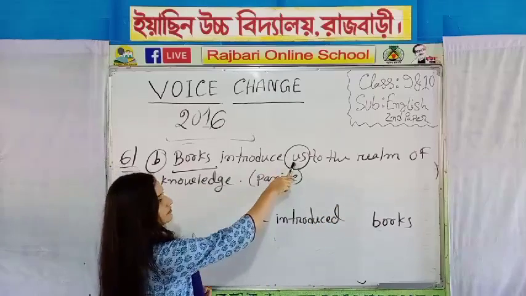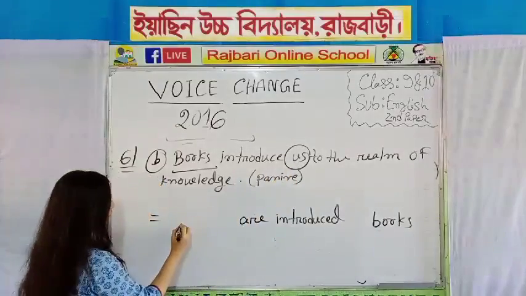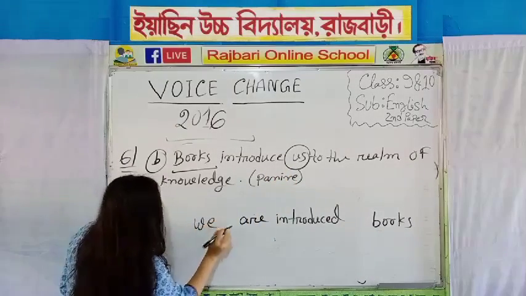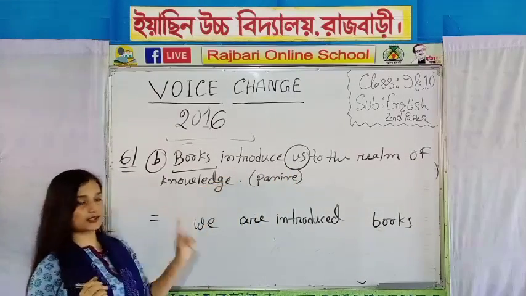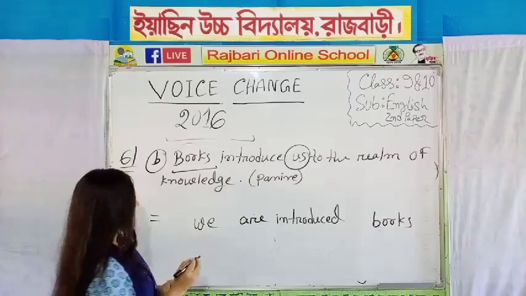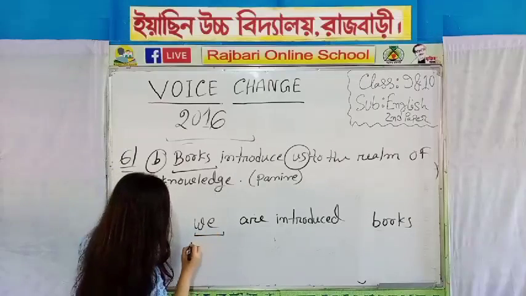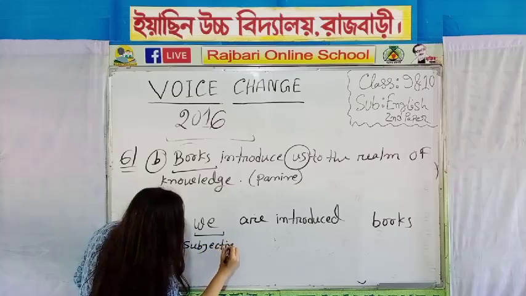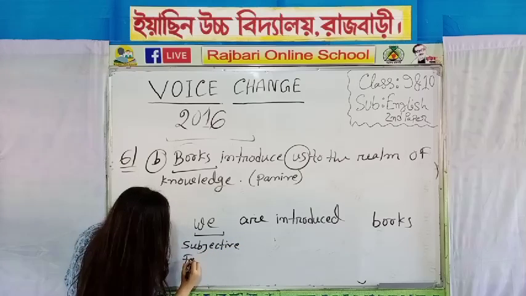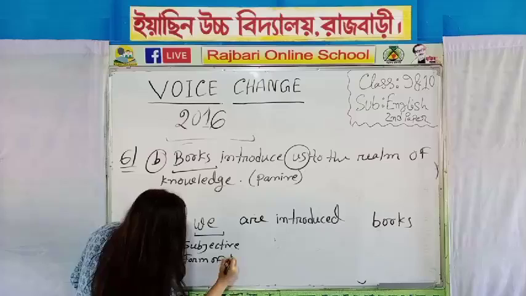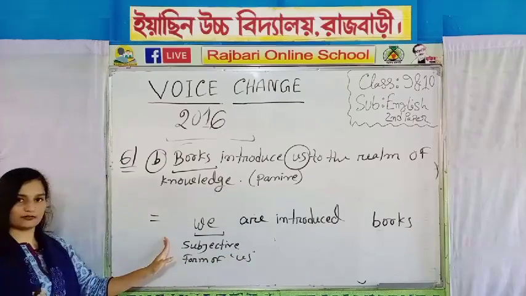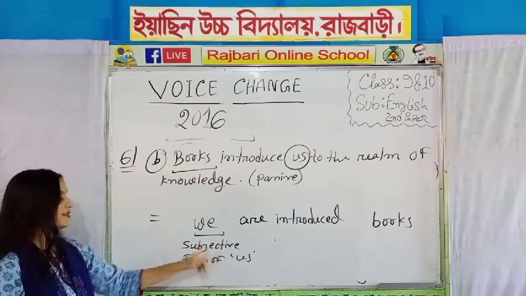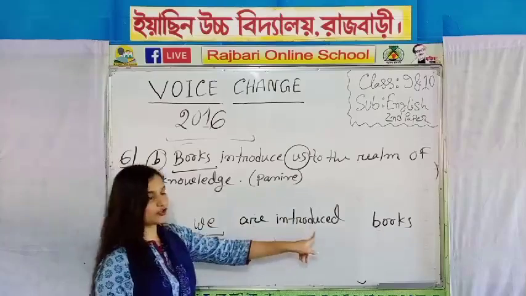Next one is object into subject. So we. The subjective form of us is we. It is the subjective form of us, right? Subjective form of us is we. We are introduced.